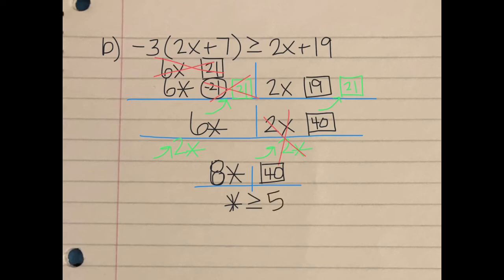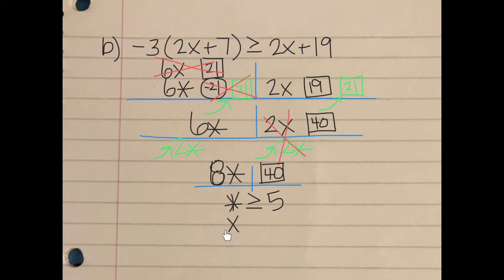Now this is the big twist. Because we were solving for star this time, we've got to flip to an x. Just the same way that we flip our numbers and say if star is greater than or equal to 5, we have to flip every single piece of this to the opposite.